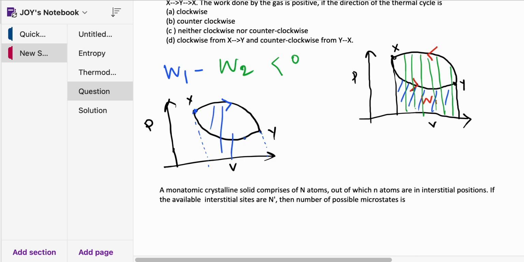That much amount of work, the area under this curve. Now again we reach this point.